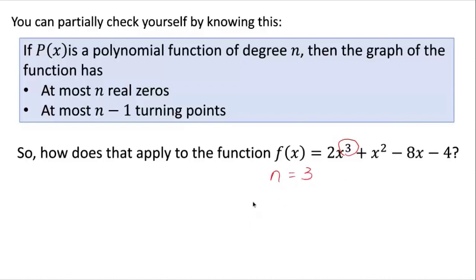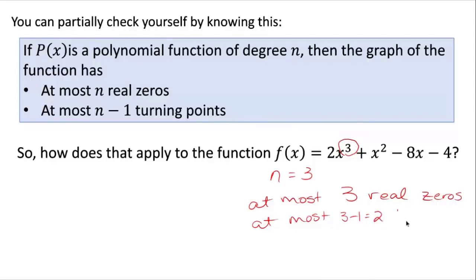N is 3. So that means we have at most 3 real zeros. And at most 3 minus 1, which of course is 2, turning points.